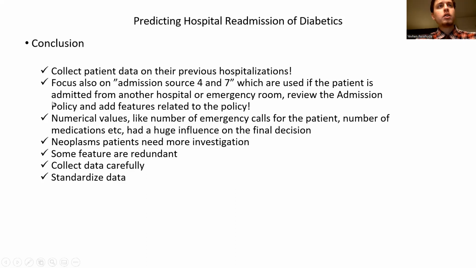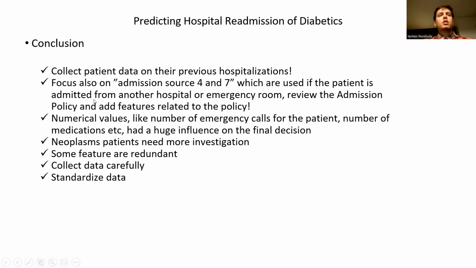We need to focus also on admission source 4 and 7, which are used if the patient is admitted from another hospital or emergency room, and to review the admission policy and add features related to the policy, so we can find more detailed information on why he was transferred to our hospital and not to another one.